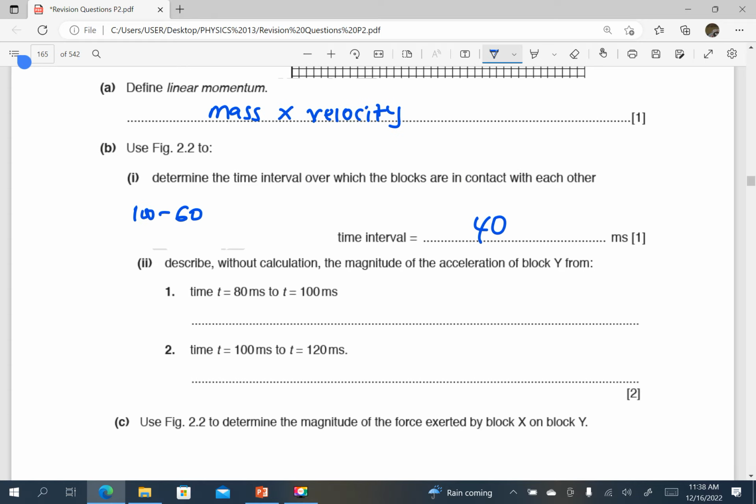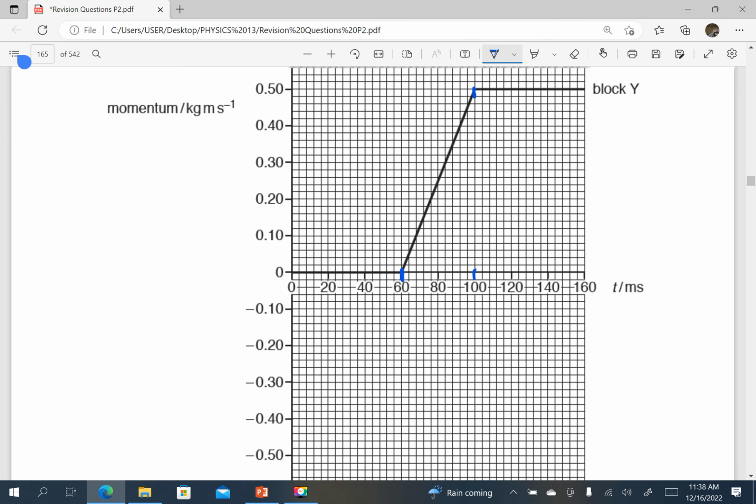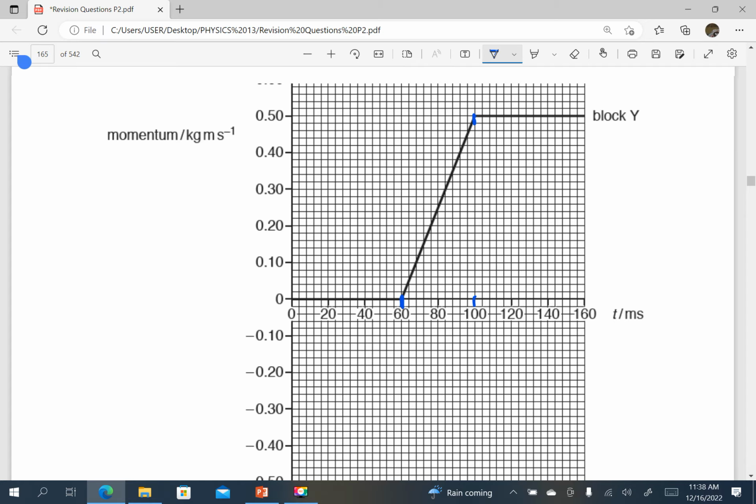Describe without calculation the magnitude of the acceleration of block Y from t equals 80 to t equals 100. From the graph, you see that between t equals 80 and t equals 100 is a straight line, and we are determining acceleration. Force is equal to mass times acceleration, and force is the rate of change of momentum.